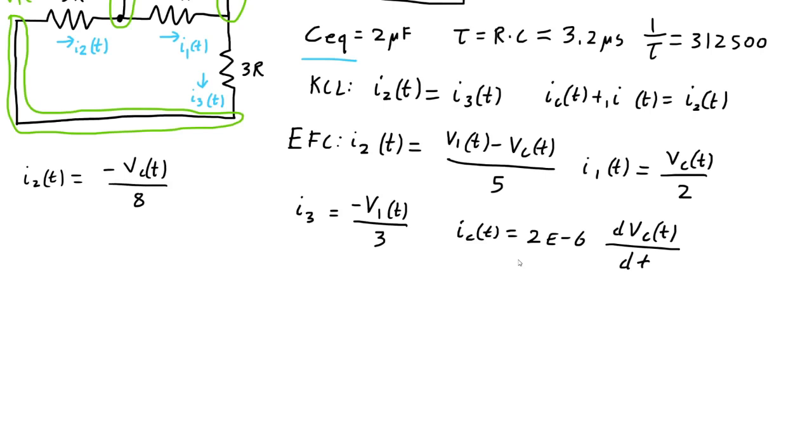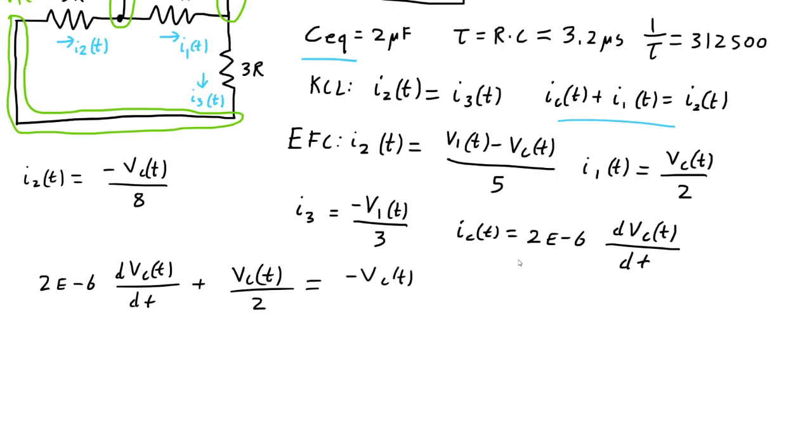So that'll just make things a little bit simpler later on. I'm going to go ahead and use the second KCL. Now this 1 is supposed to be over here. I don't know why it's not. So I go ahead and write out the expression. IC(t) is 2 microfarad times dVC(t)/dt. There's I1, which is VC(t) over 2, and that equals minus VC(t) over 8.